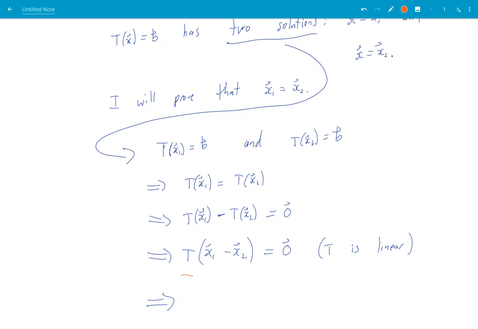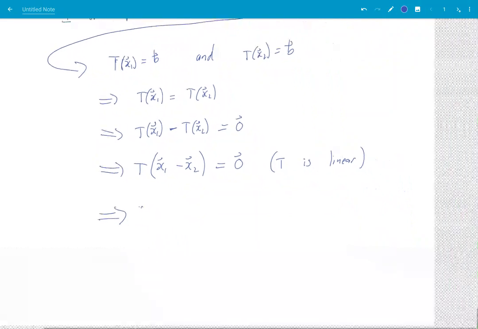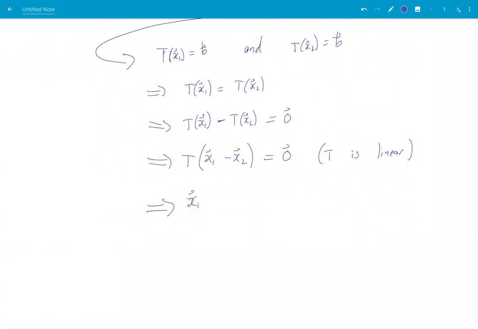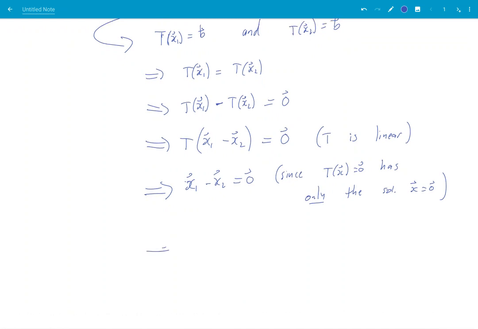Okay, so if I have T of x equals 0, that means that this guy here must be 0. x1 minus x2 is equal to 0, since T of x equals the 0 vector has only the solution x is equal to 0. So therefore, x1 is equal to x2.